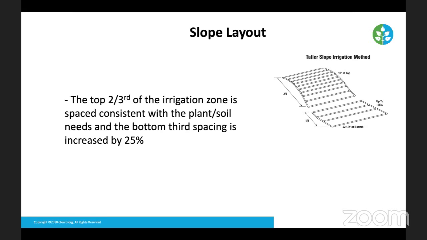So that's one of the issues I personally have with using the button emitters or the point source for a large area, especially with shrubs that are dense, because they kind of outgrow the irrigation system. You can turn your system up to water more. That's not a very viable or an efficient way of combating that issue.